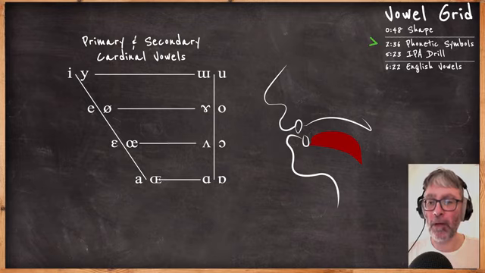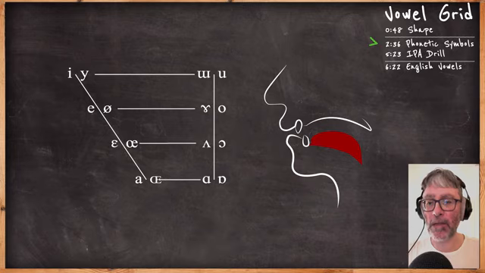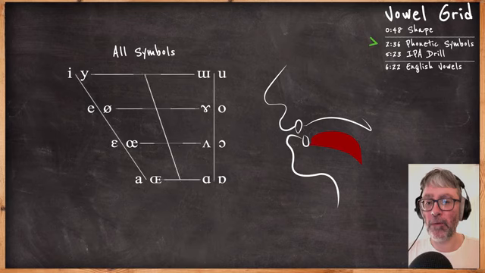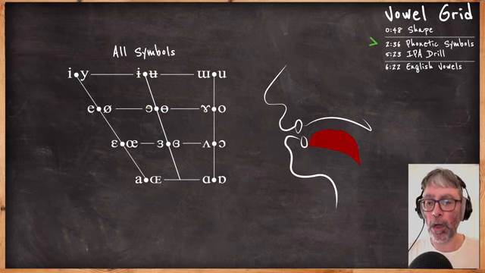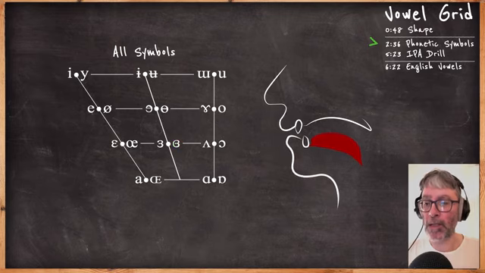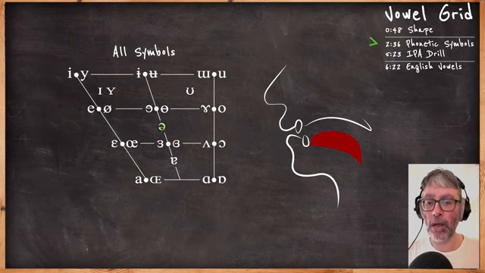The full IPA vowel grid has some additional sounds that are found between the front and back columns of the cardinal vowels, from close to open. And additionally, there is a triangle of sounds with a mid-central unrounded schwa in the middle.